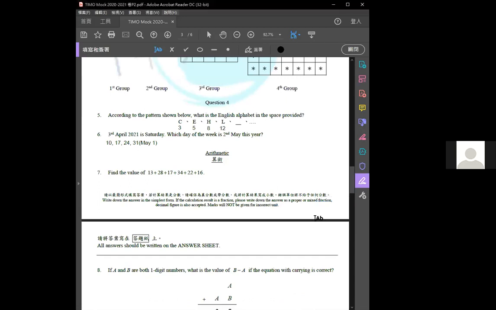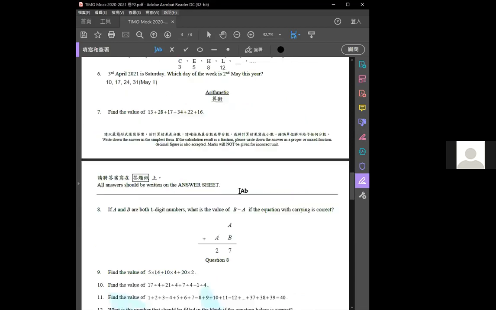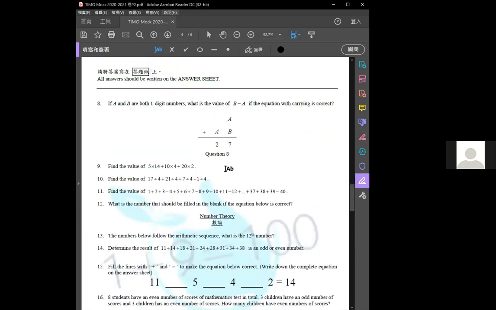So for question 8, we have A and then AB. In this case, of course, we might have to try different cases, but we could try to eliminate them. I mean, try to minimize the range into 1 or 2 choices, and then we could try them one by one.